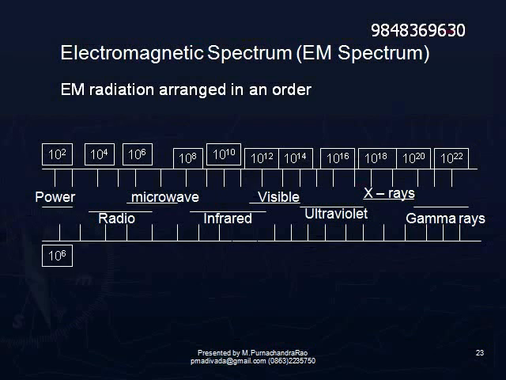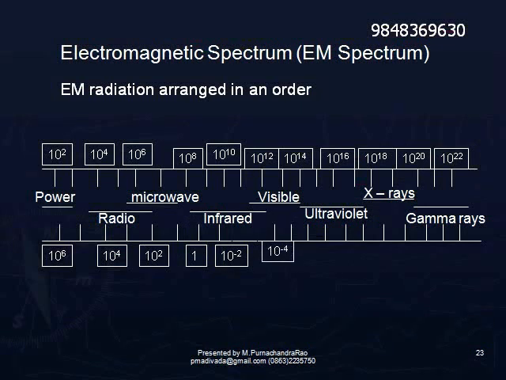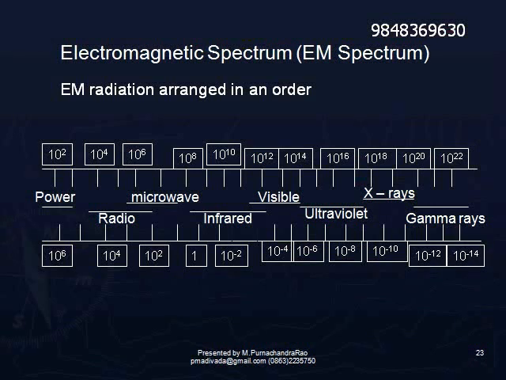So an electromagnetic spectrum is the arrangement of electromagnetic radiation in an order. Here I am using increasing order of frequency. It is the same as the decreasing order of wavelength.